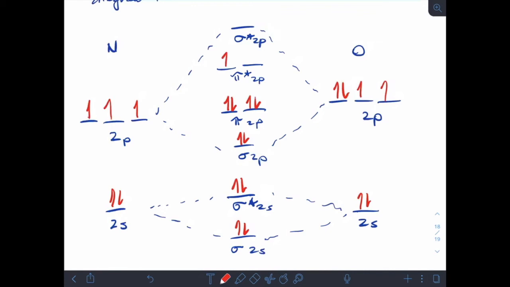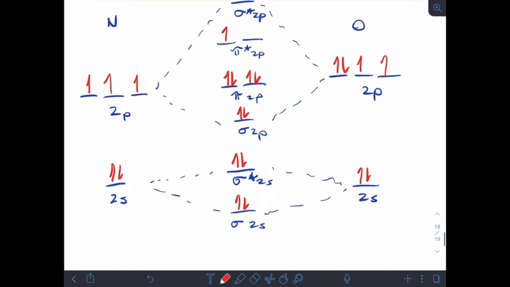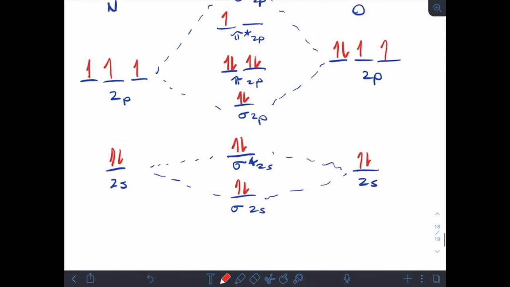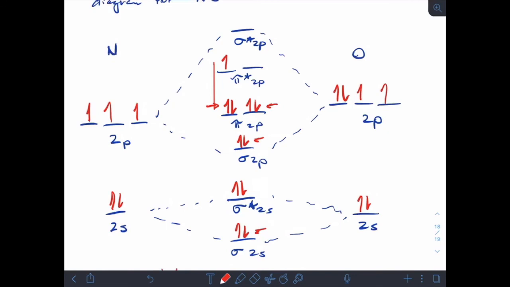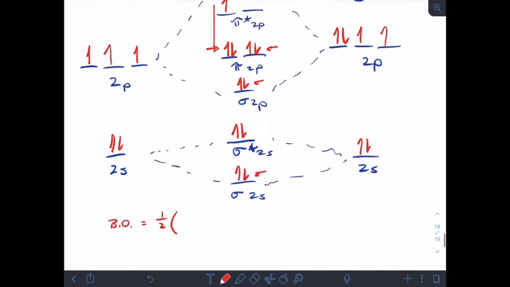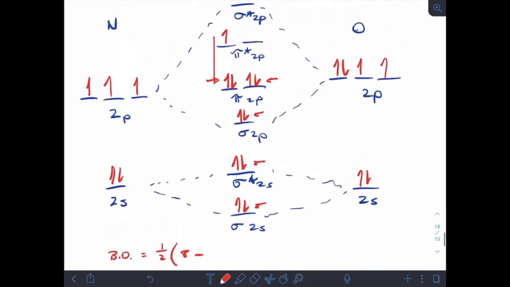Okay, so let's take a look at the bond order, because this will be interesting for you. Bond order is 1/2 the bonding, which we have 2, 4, 6, 8. Right? So 8 electrons in the bonding, minus the antibonding, which we've got 2. Then we come up here to the top. There's a third.